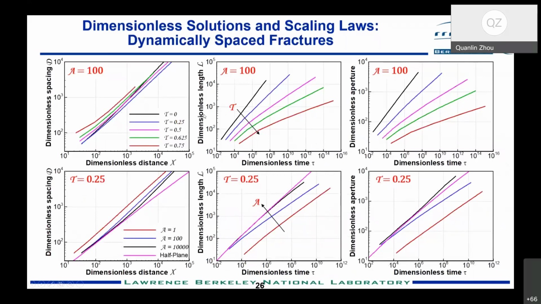So the top one with different T but the same A, you can see the spacing, fracture length, and the surface aperture. But the bottom is for different A, but the same T. You can see that is a very large well diameter or radius.